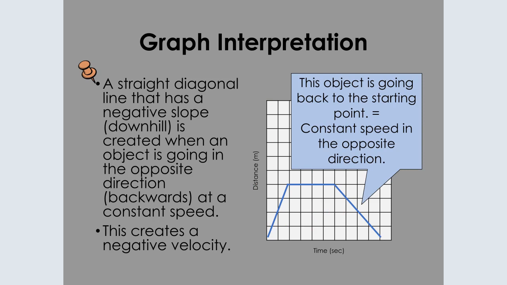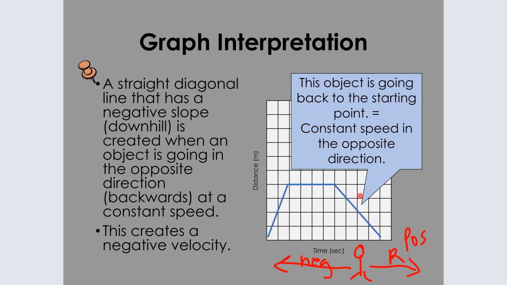A straight diagonal line that has a negative slope, going downhill, is created when the object is going the opposite direction. Remember, in our moving man, to the right was positive, and to the left, going back, was negative.